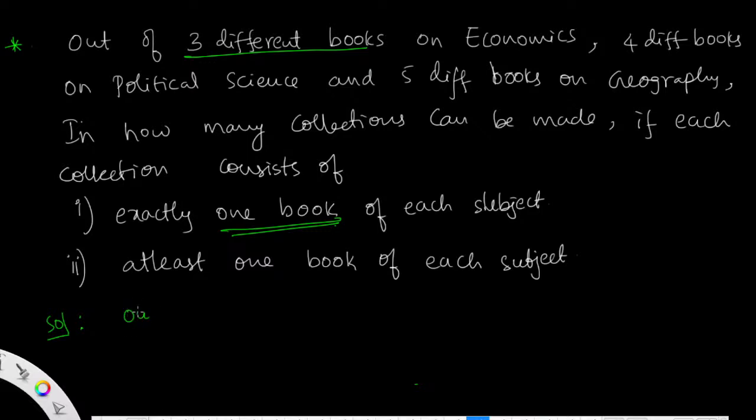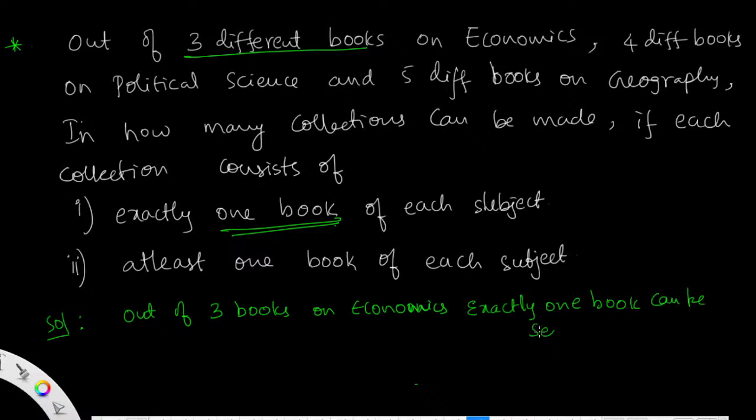Out of 3 books on economics, exactly 1 book is selected. One book can be selected in 3C1 ways.